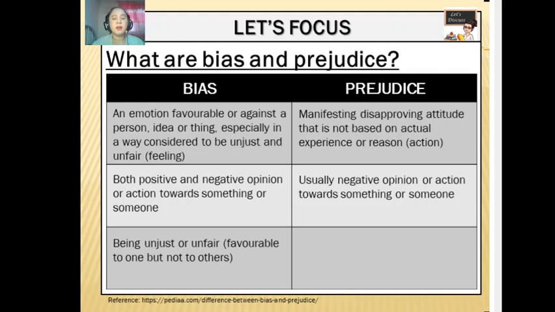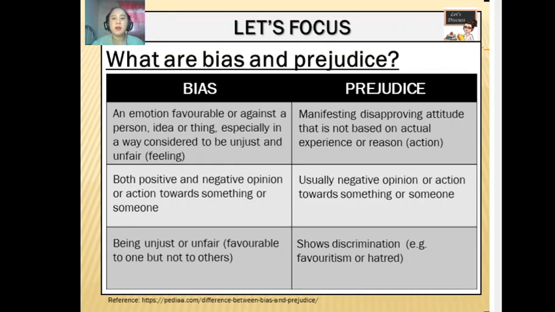Another is that bias is being unjust or unfair, meaning you are in favor to one but not to others. While prejudice is showing discrimination, for example, favoritism or hatred towards a certain group.